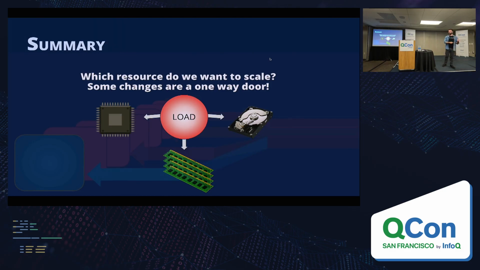This is a common problem. The main reason is that when you want to reduce a node, you have to shift the data to the other nodes. And in certain cases, especially after you've added a lot of disk, that can take a lot of time. So some of them are sort of a one-way door. And many of them require a restart of a node, which is potential downtime.